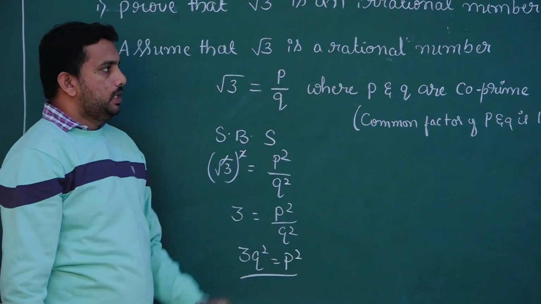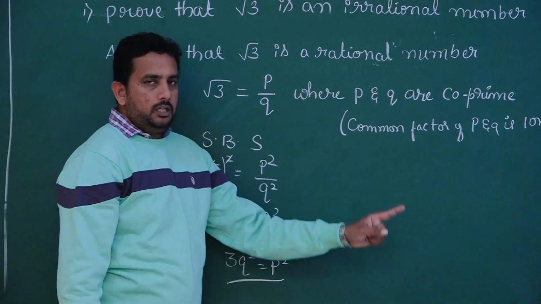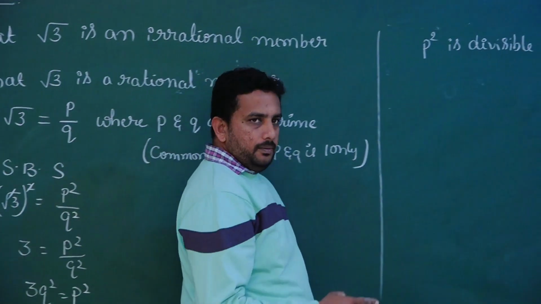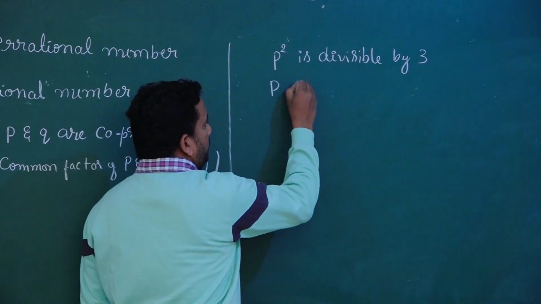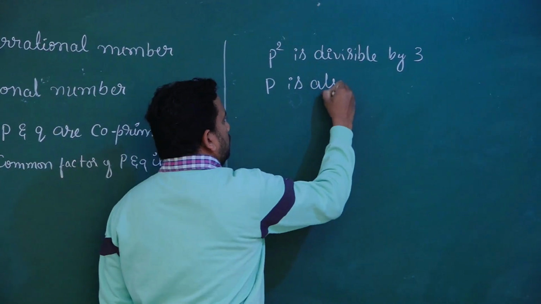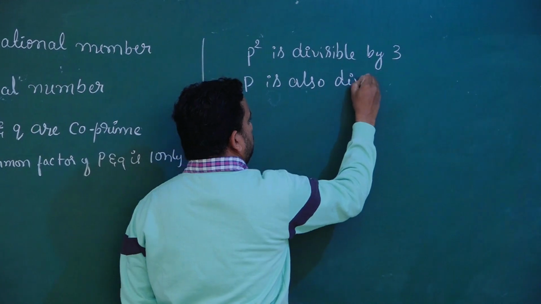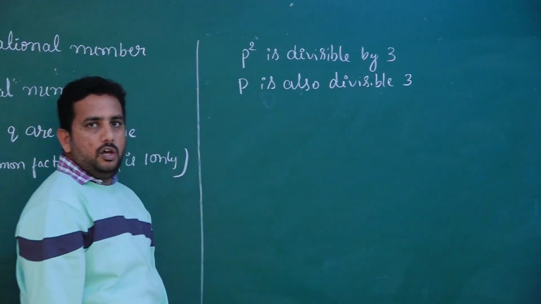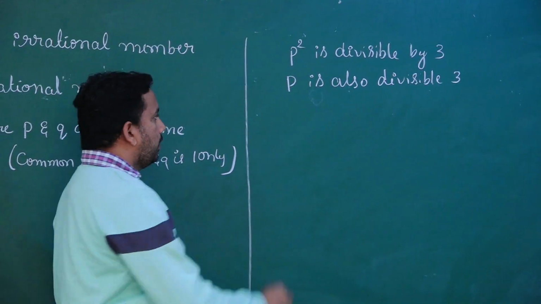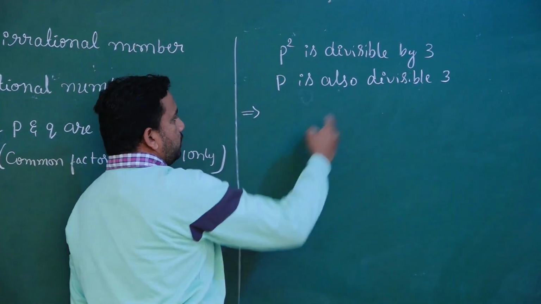Then p square is divisible by 3. If the square number is divisible by 3, then the number itself is also divisible by 3. Therefore p is also divisible by 3. So this implies p is divisible by 3.